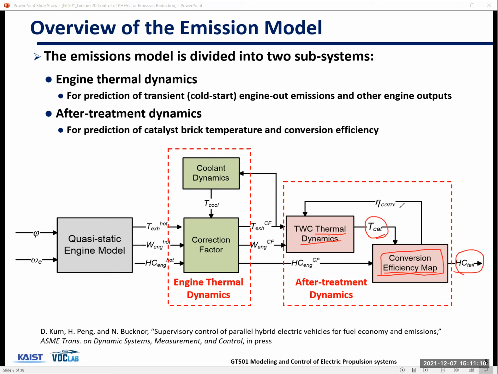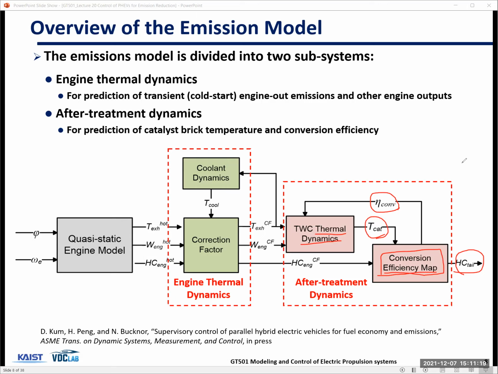But this has a feedback mechanism, because when the converter converts these emissions, it produces some heat. So that's a quick summary of the aftertreatment system.